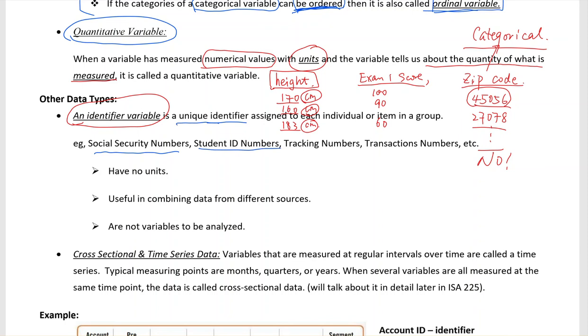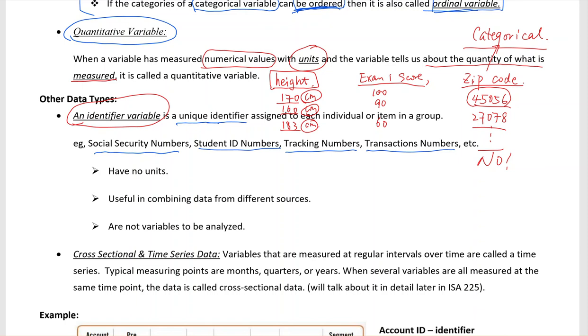Student ID numbers, the same thing, right? Tracking numbers just assign different numbers to each package, right? So that you can track it. Last one, transaction numbers, right? Just like what we said about the order number, right?